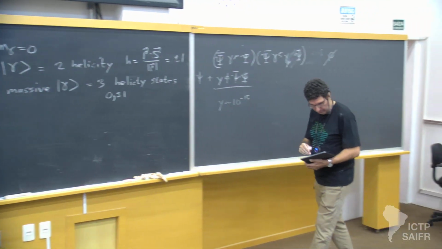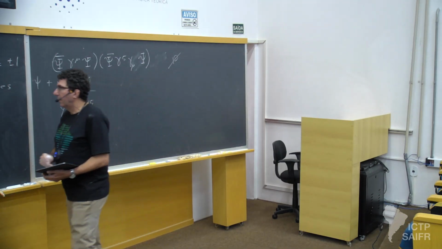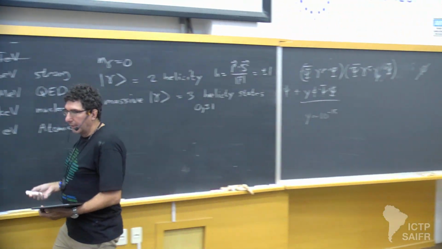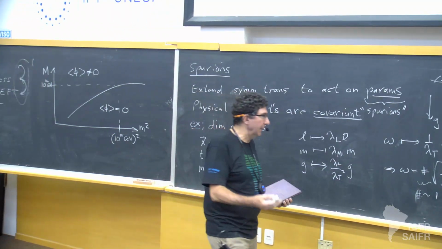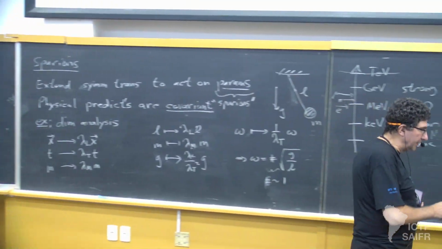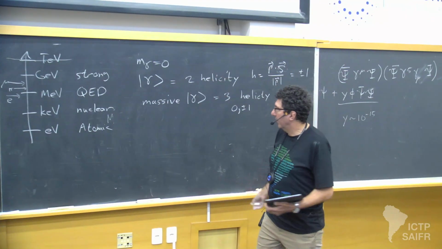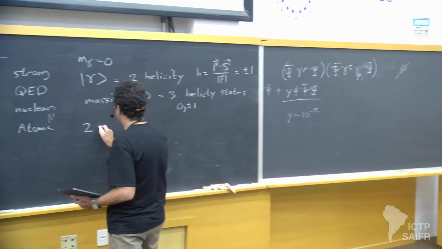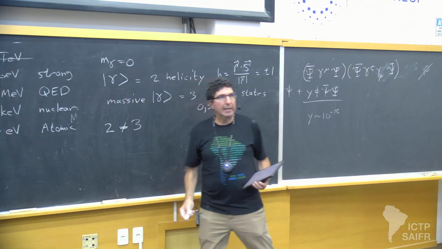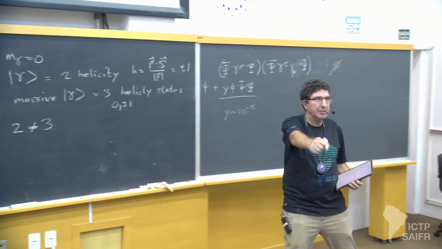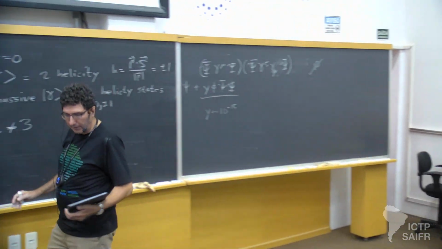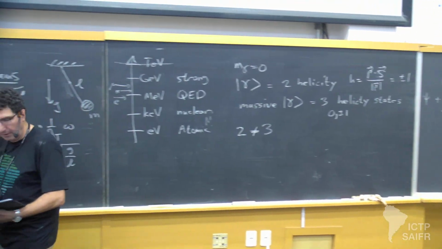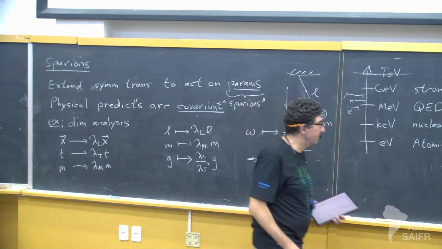So is this sensitive to weird things in the UV or changing parameters? The answer is no, because 2 is not equal to 3, so you can't change a 2 into a 3 by just changing some parameter. So there's no mystery here. The exactly massless photon is perfectly okay.